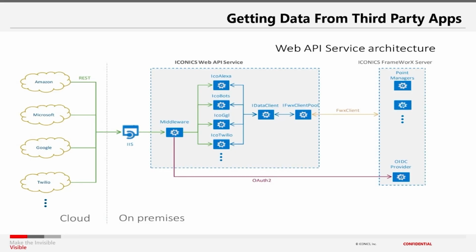So if a developer wants to interact with an ICONICS application, or access it through a web-based interface, ICONICS Web API can utilize the standard HTTP protocol, and we send requests and receive responses. With this integration, external applications can work with the ICONICS system for data exchange and automation.